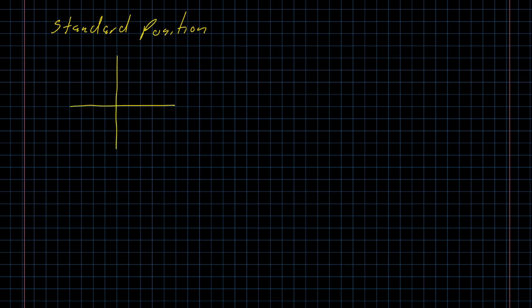If we go to a normal coordinate plane, x-axis going to the right, y-axis going upward, a vector in standard position starts at the origin and goes off in some way, shape, or form.